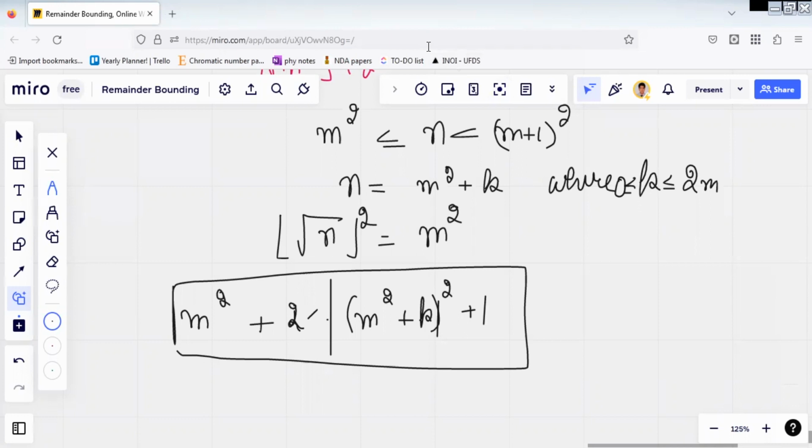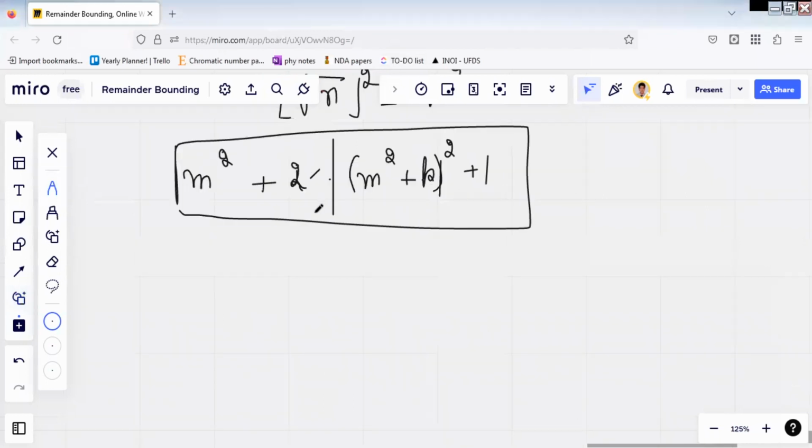Okay, does anyone have any ideas? We can write m squared plus k as k minus 2 mod m squared plus 2. Yeah, m squared plus k is congruent to... that is actually smart.